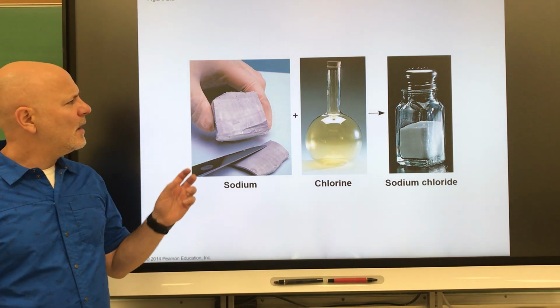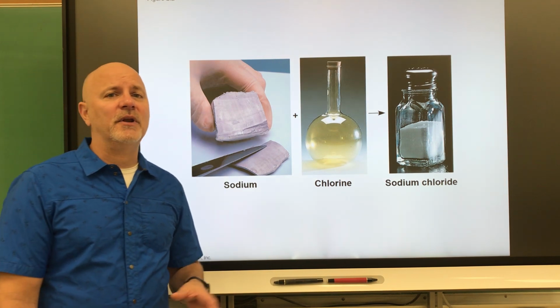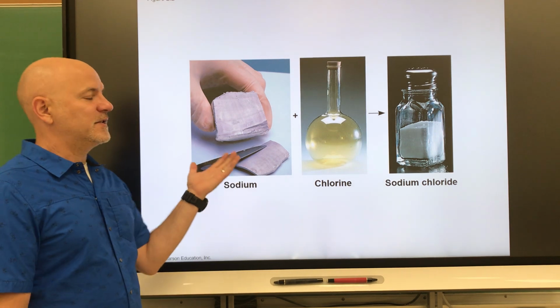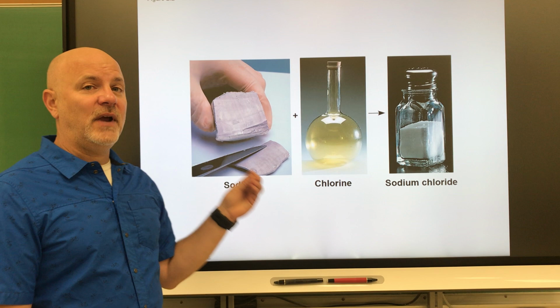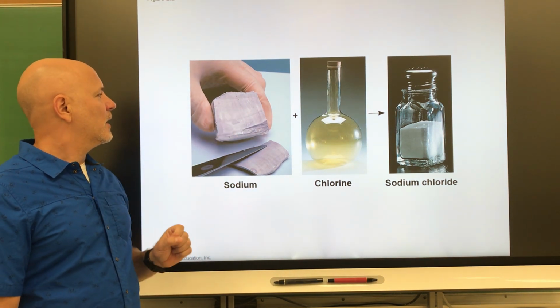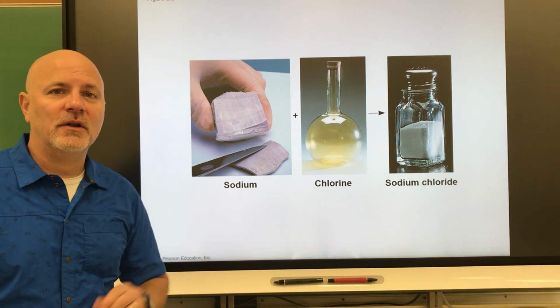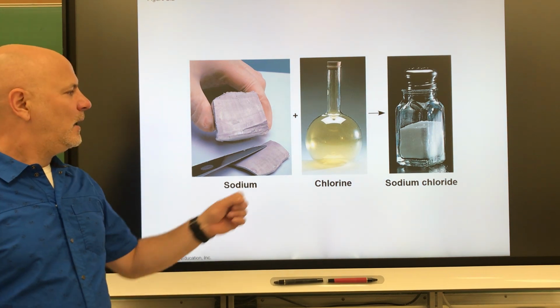Now, the compound can have very different properties from those individual elements. So sodium is actually a pretty soft metal and is very reactive. You can see this guy's wearing a glove, and that's because if you just touch it with your skin, the water that's on your skin will react with the sodium, and you could have a small little explosion there.